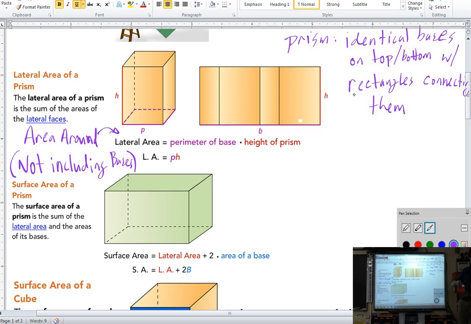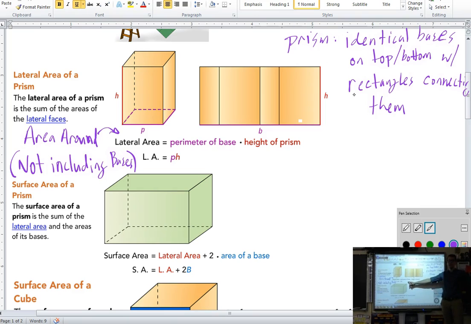Because when I blow this up, what's it called when I look at the 2D of a 3D? It's a net. When I look at the net, I've got my triangle on top, my triangle on bottom, and all three sides just make one giant rectangle. So that giant rectangle, ignore those triangles. This length is what?